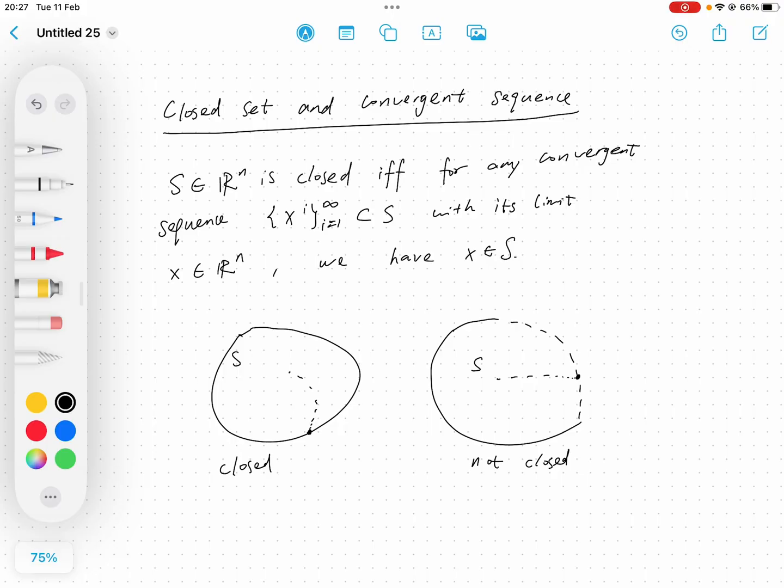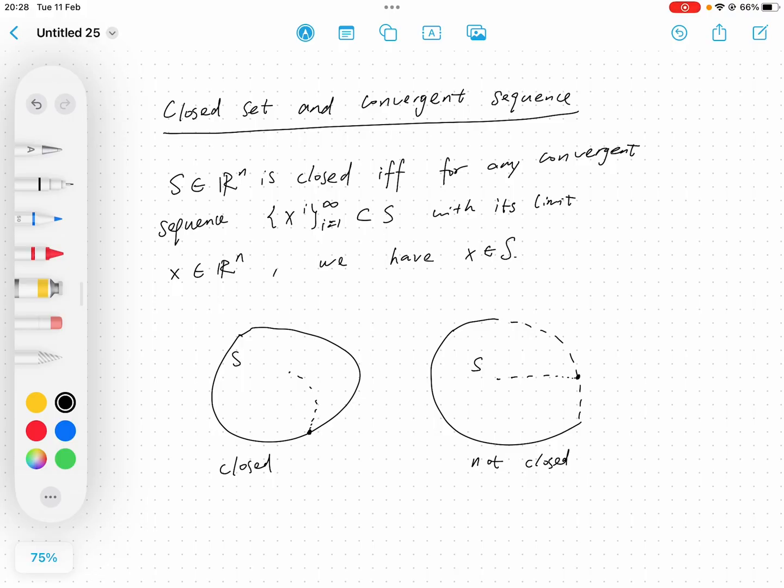Here we have two little pictures showing the interpretation of this result. If the set S is closed, we can always find any of those sequences inside of S, and then the limits are inside of S, or on the boundary.